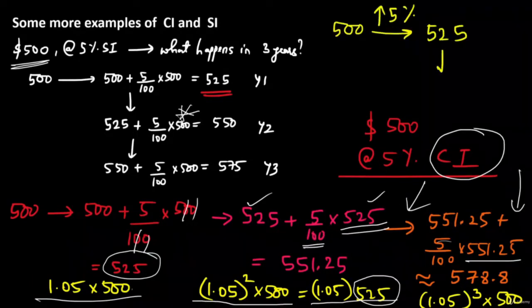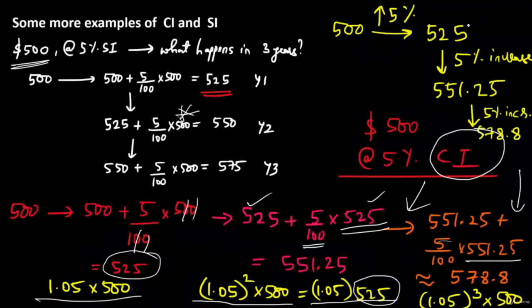So 500, when it increased by 5%, became 525. Now 525, when it was increased by 5%, became 551.25, which is what we got over here. And when 551.25 increased by 5%, it became 578.8. So that's what we have seen over here.